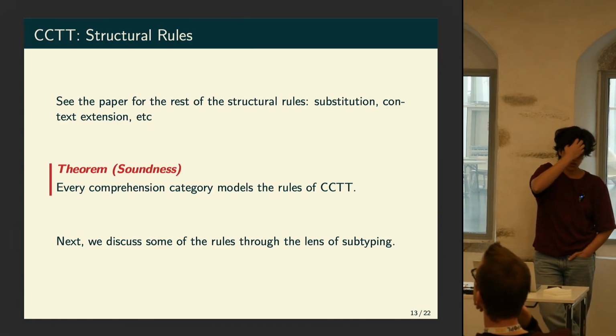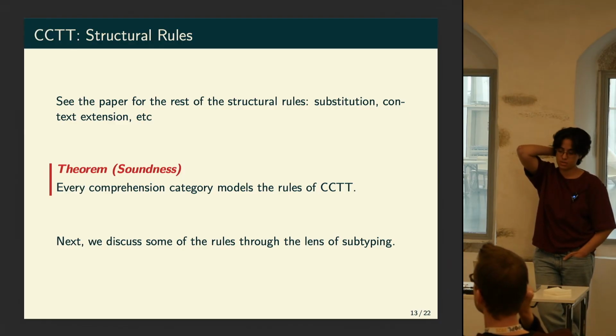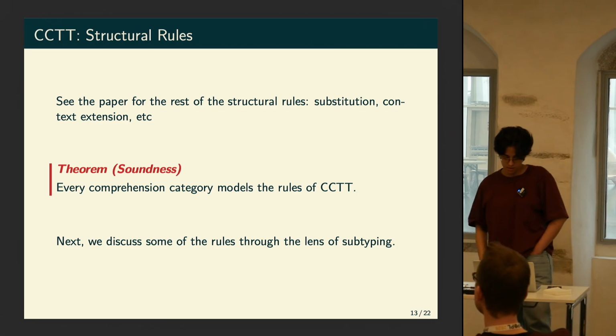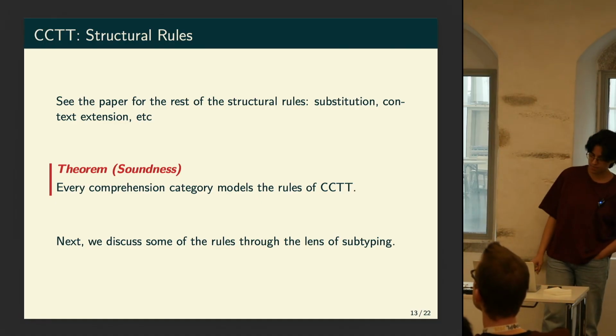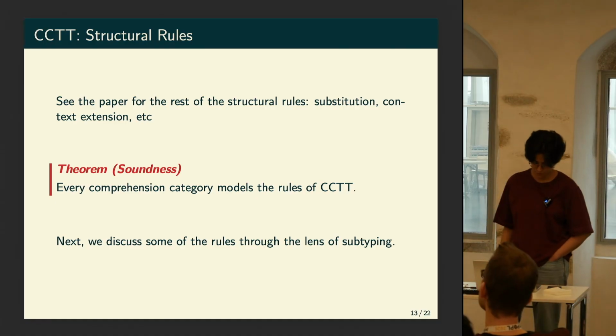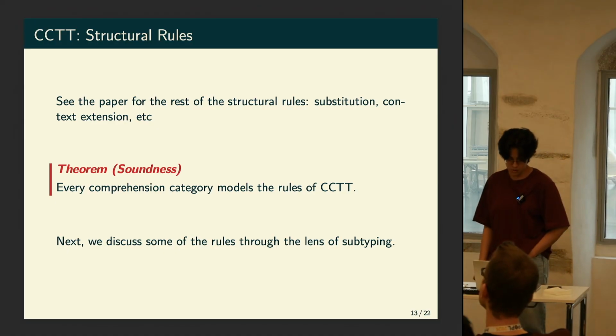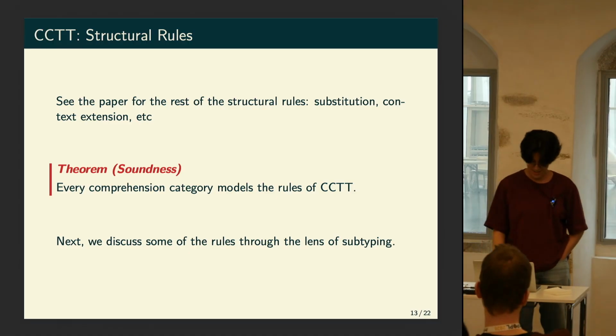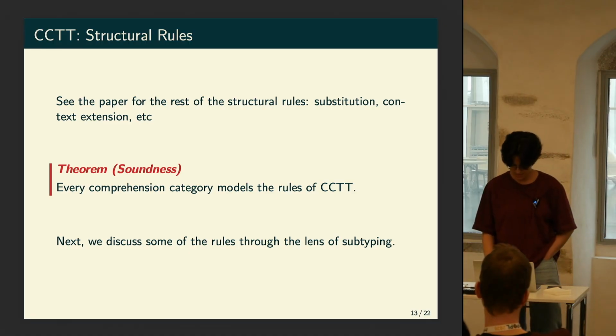We have rules for substitution and context extension and all the things that you might want. But we will now just go through some of them through the lens of subtyping so that I can convince you that we capture coercive subtyping. We also have this soundness theorem that every comprehension category models the rules of CCTT.